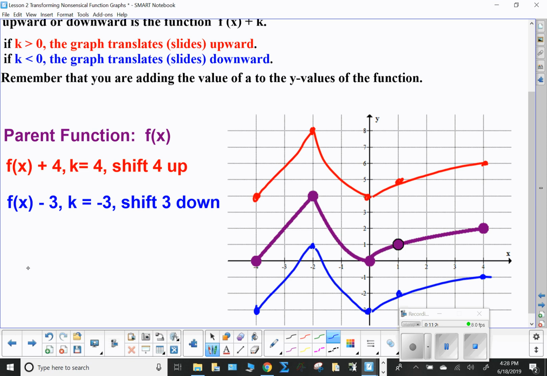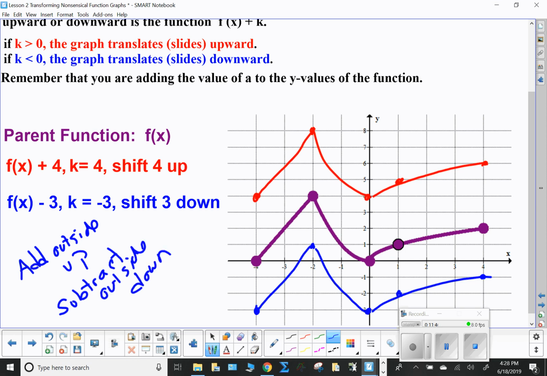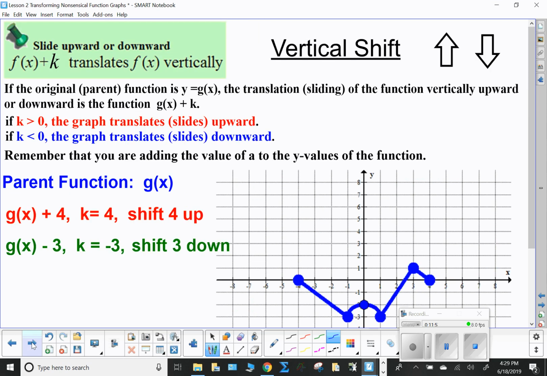It's on the outside, so add, outside is up, subtract, outside is down. This is important even in drawing. If you're doing stuff with graphics, the computer works off of equations.